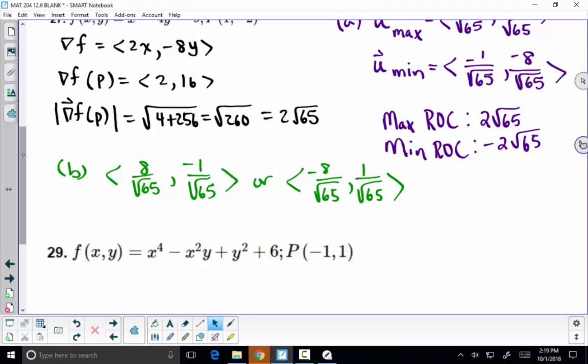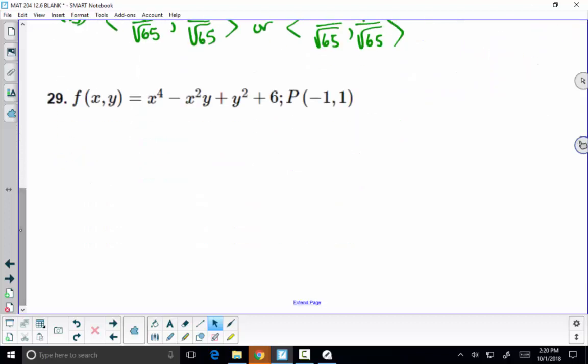So 2 comma 16 is not a unit vector, but after dividing it is. And the min rate of change is always just minus the max rate of change. I got lost because of the 2. It was just that happy coincidence, right?